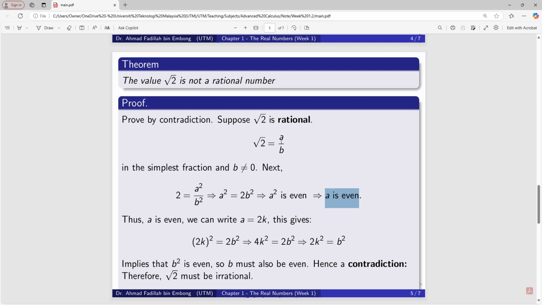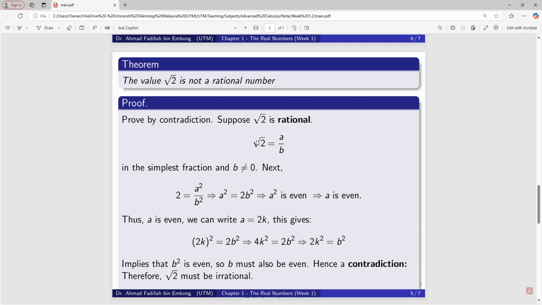So it is not right, because when a is an even number and b is an even number, of course these two can be further simplified, even though we said that this fraction is already in the simplest form. Therefore, the contradiction here. Why do we have this contradiction?